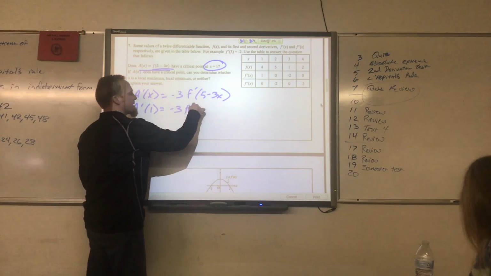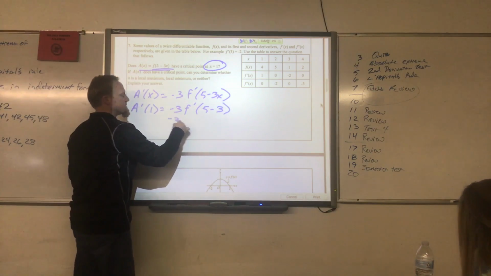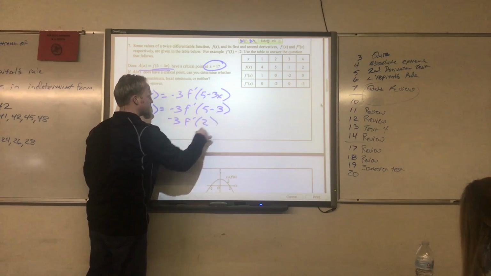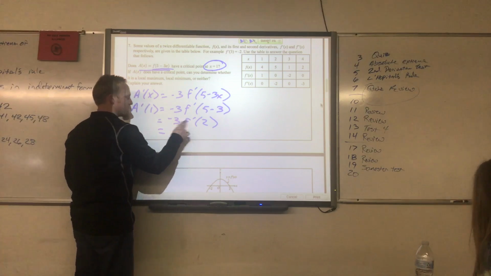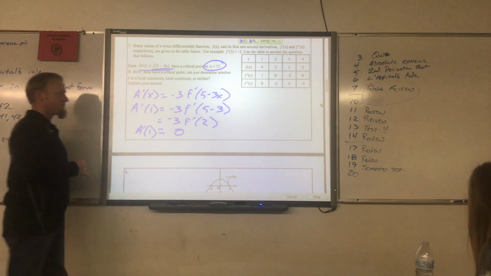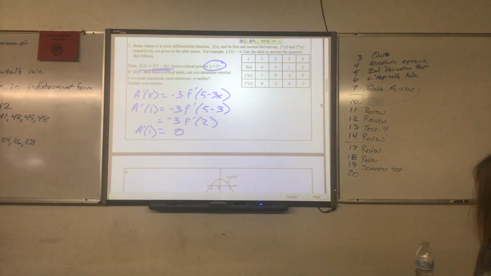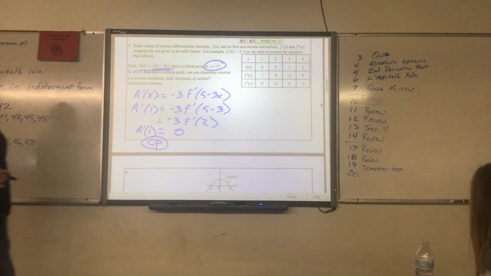So negative 3 f prime of 5 minus 3, so negative 3 f prime of 2. What is f prime of 2? 0, and 0 times negative 3 gives me 0. So g prime of 1 is 0, so that means it is a critical point.